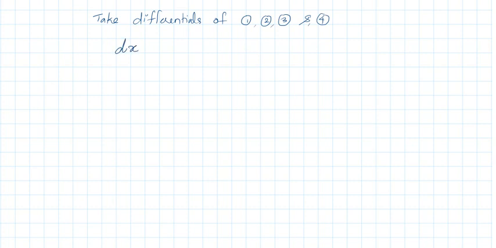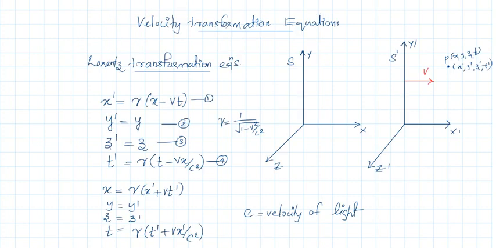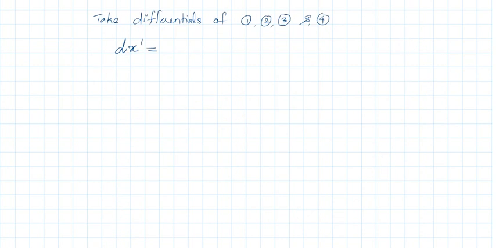The differential of 1 will give you dx prime is equal to gamma (dx minus v dt), since gamma and v are constants.